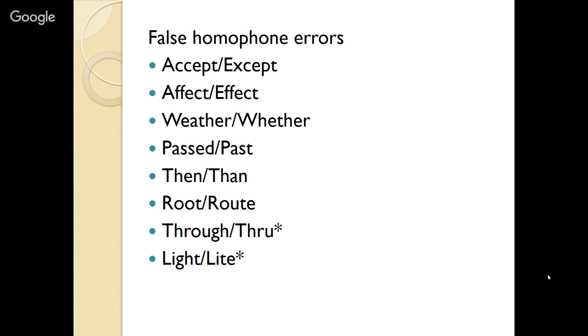Affect and effect, this gets a little confusing. Typically, affect is used as a verb, whereas effect is used as a noun, although you can use them in other ways, but that just creates confusion. So, easiest way to remember it, with an A, it's a verb. With an E, it's a noun.